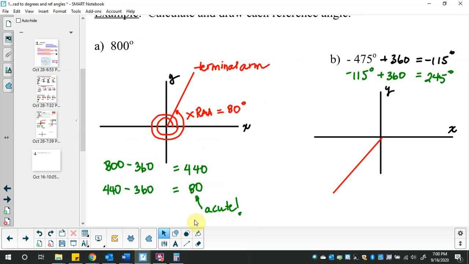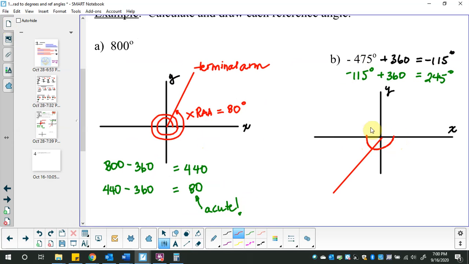Now, I'm going to draw this as negative 475. So that means I start at 0 degrees and I swirl around negative 360, and then I swirl to there. So that is negative 475 degrees. Technically, I guess I could have labeled this terminal arm as 800 degrees because that was my little swirly thing.